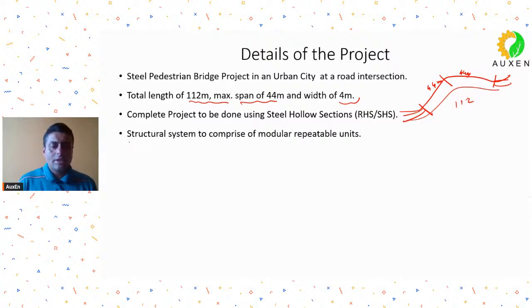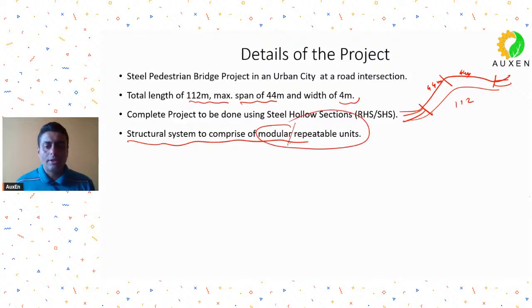We'll try to have a structural system which is modular and repeatable. This is very important and interesting. It's always economical to come up with a system which is repeatable and modular in nature. Just like the Bailey Bridge system, I showed it to you in the Commonwealth Games bridge, everything was modular.